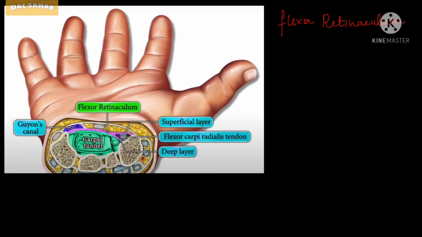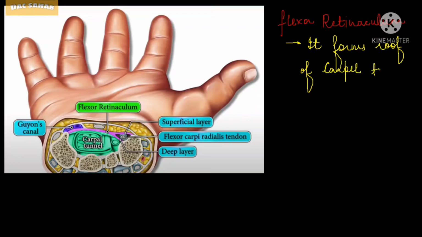It forms the roof of carpal tunnel, right? In the diagram you can see that this flexor retinaculum forms the roof of carpal tunnel.